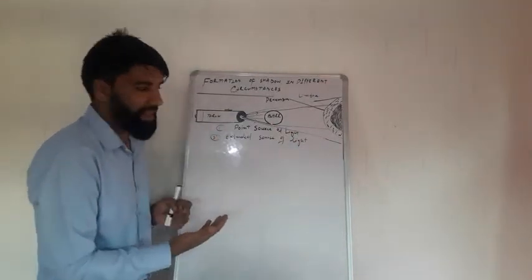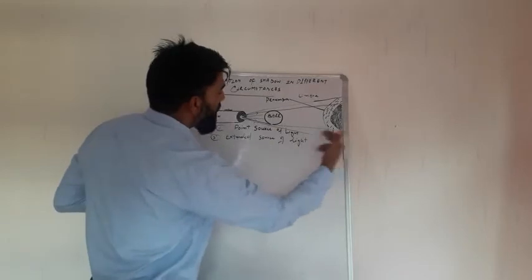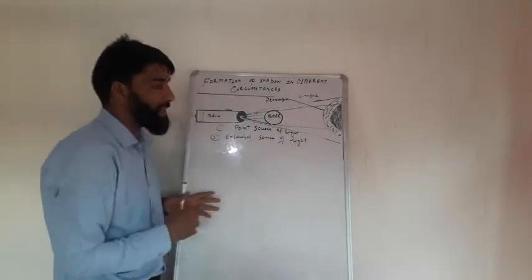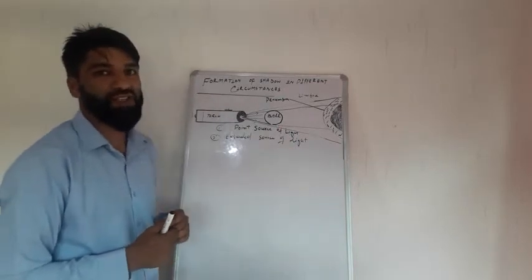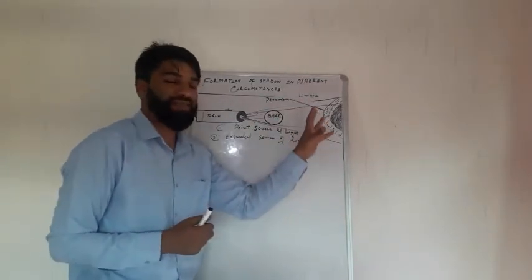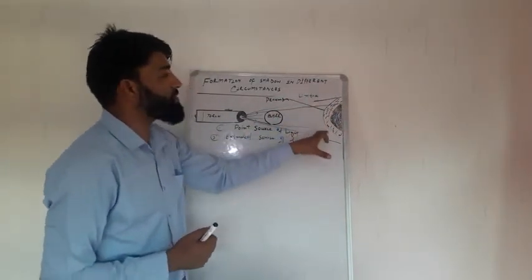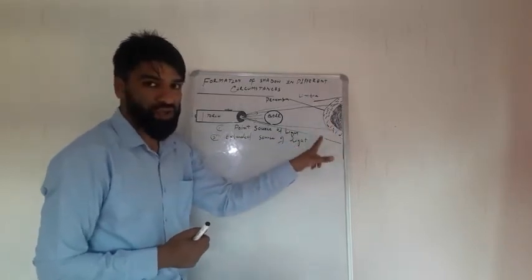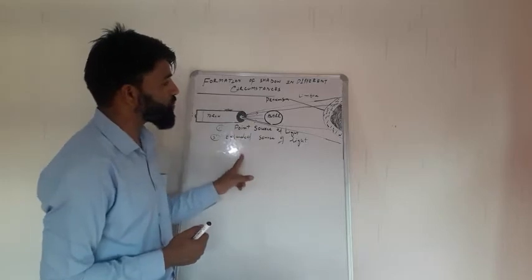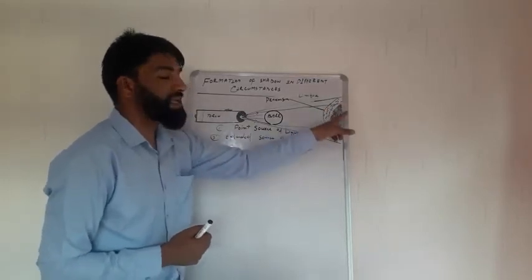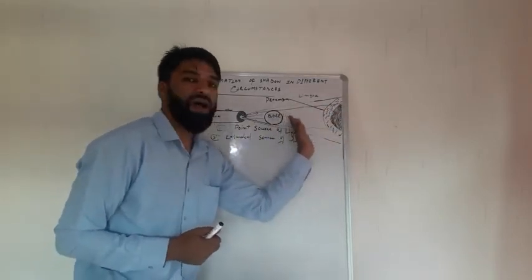But if we move the screen away from this object, you will see the umbra region, which is very dark, gets smaller and smaller. But the penumbra region, which is smaller here when we use this torch as an extended source of light, gets increased if we take the screen away.